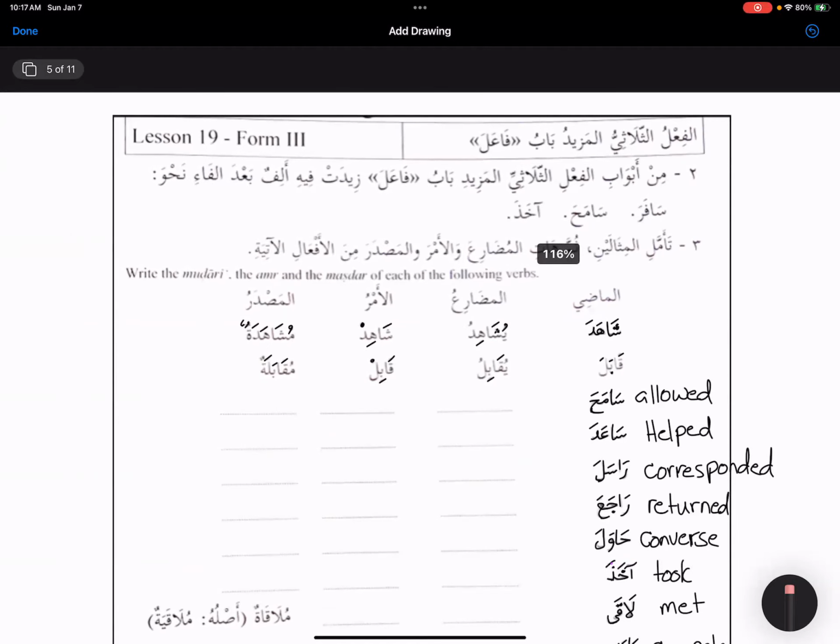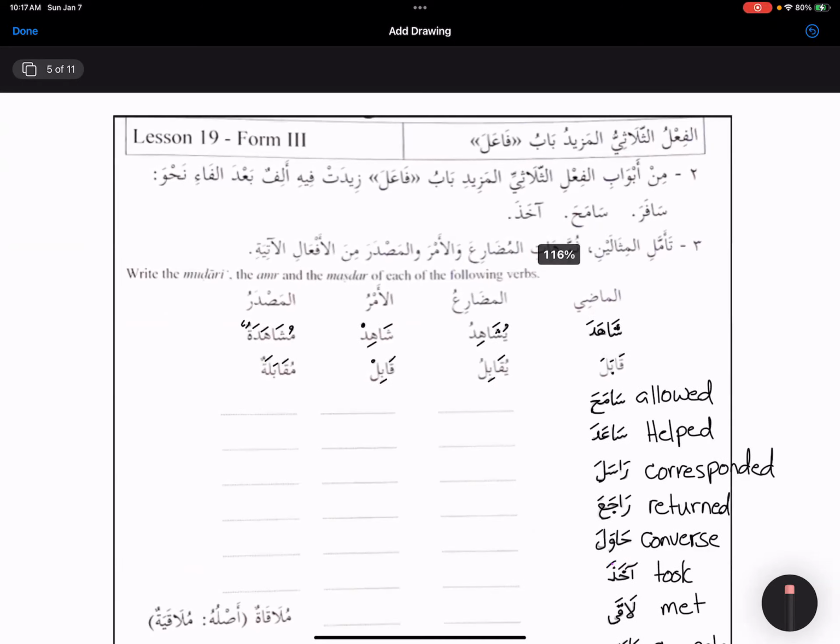So basically, they say we know that there is thulathi mujarrad and then thulathi mazid fihi. What is the difference? Mujarrad has only the three root letters, nothing extra, which is basically our family 1.